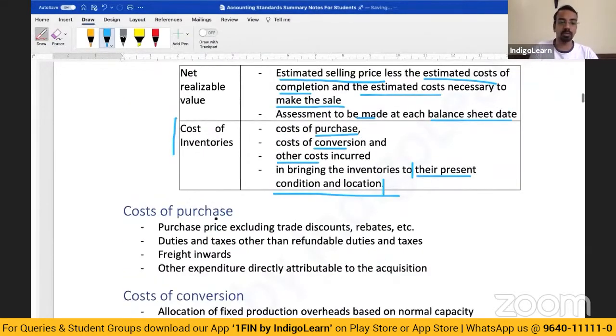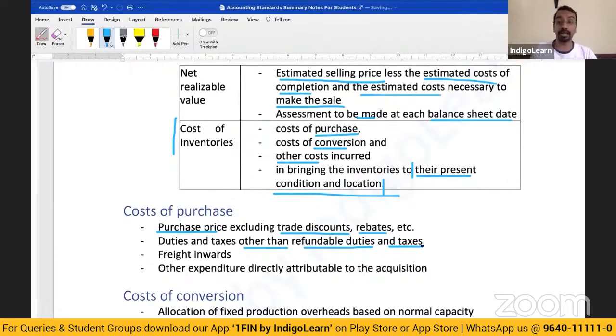What does cost of purchase include? Your purchase price less trade discounts, rebates, etc. Cash discount is not adjusted. Then duties and taxes other than refundable duties and taxes. So what is refundable duties and taxes? If you have paid GST on which input credit is available, you will not consider that.